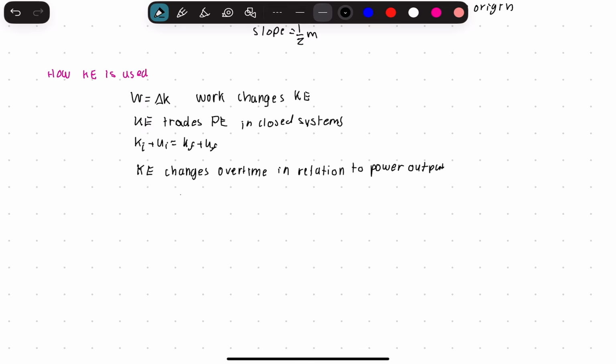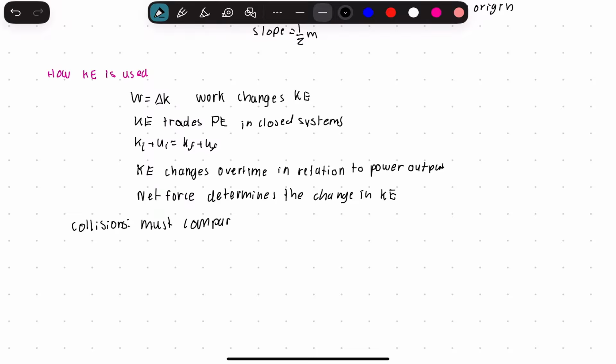And also remember, according to forces and dynamics, the net force determines the change in kinetic energy. And for collisions, you must compare total KE initial versus final.